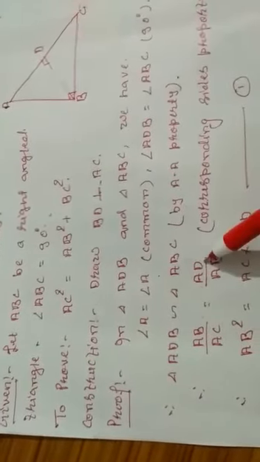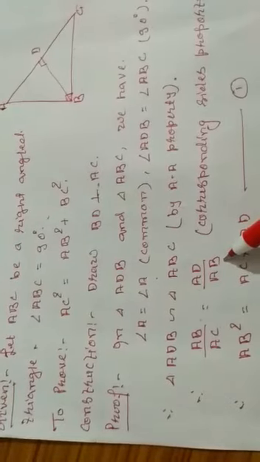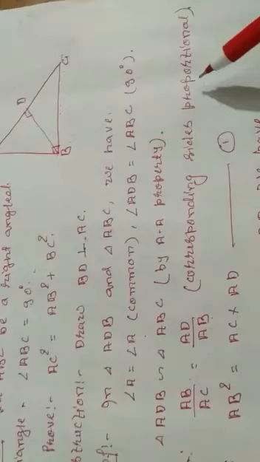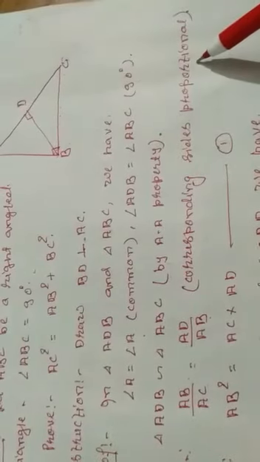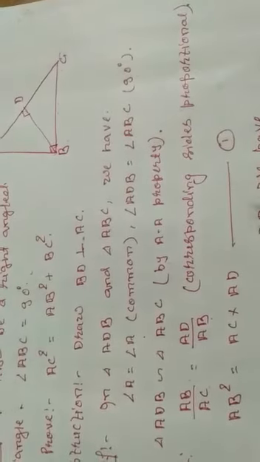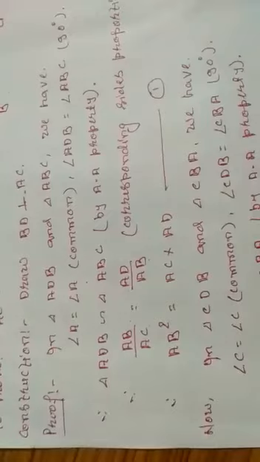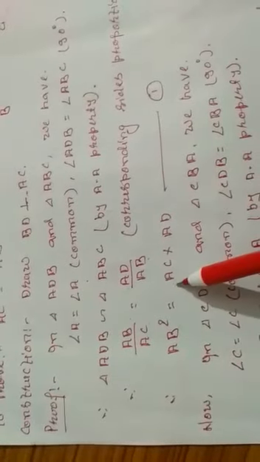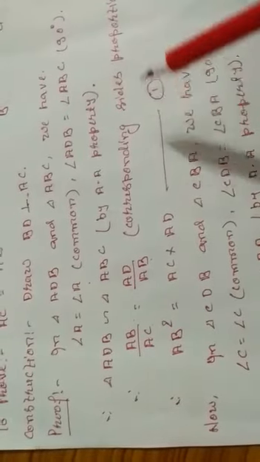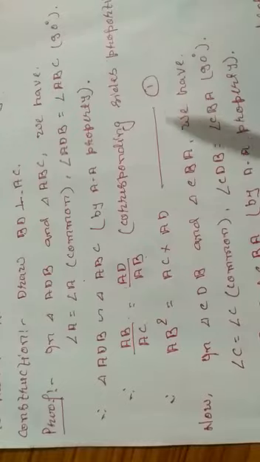So we have written here AD by AB, which are corresponding sides proportional in similar triangles. So on cross multiplication we have AB square equals AC into AD. Now suppose this is equation number 1.